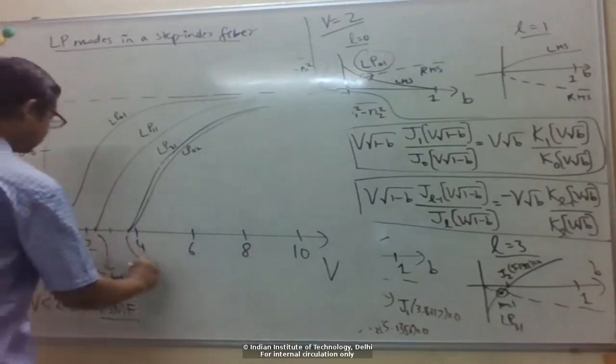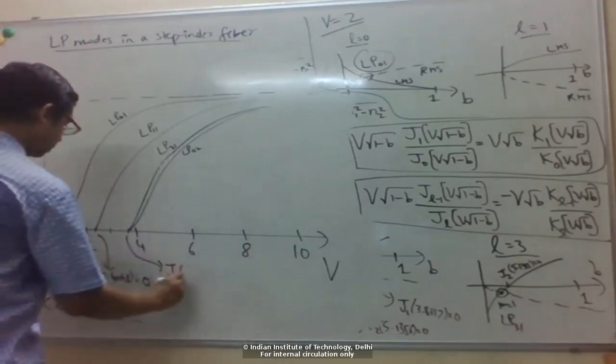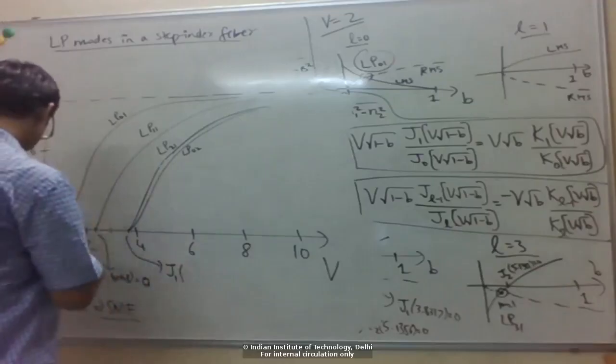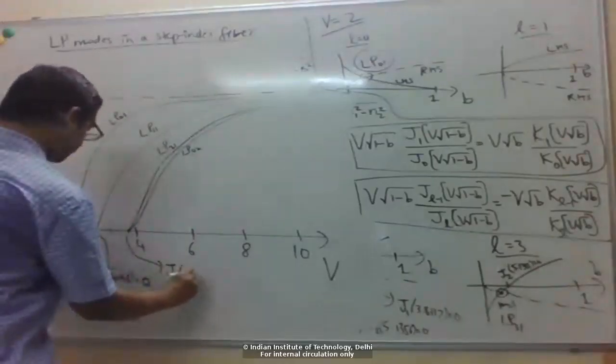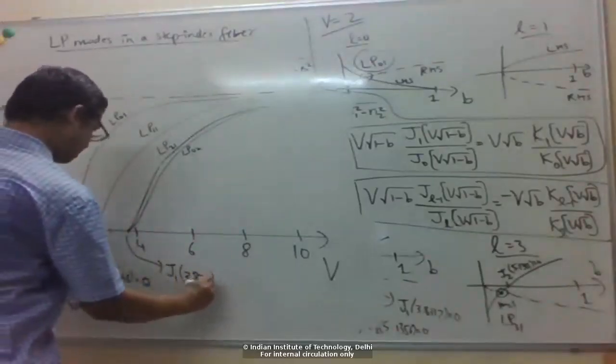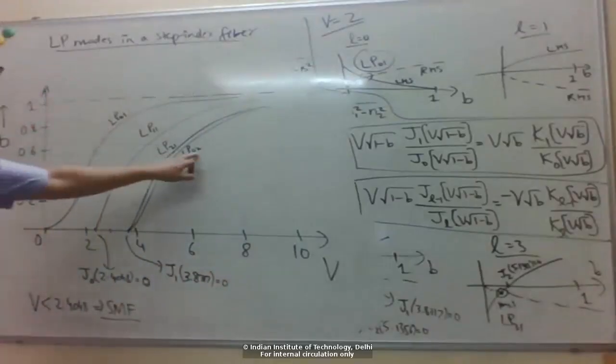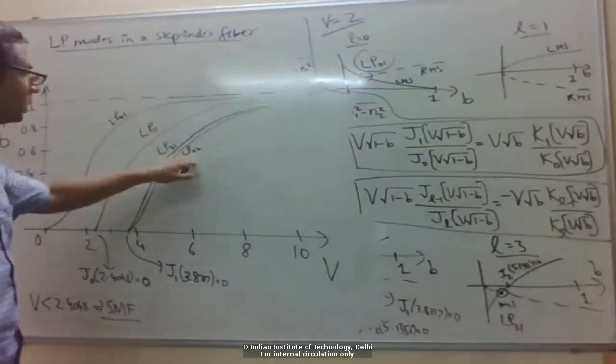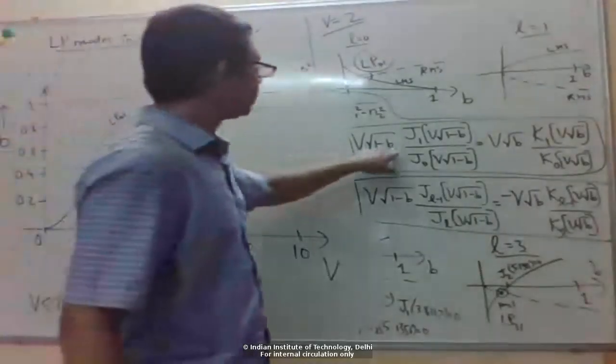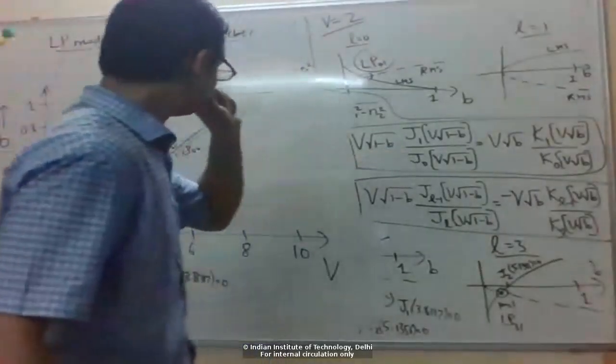So now here, this is J1, right? So the root of J1. So LP02 is the second mode for L equal to 0. So L equal to 0 is this equation, right? J1 by J0.